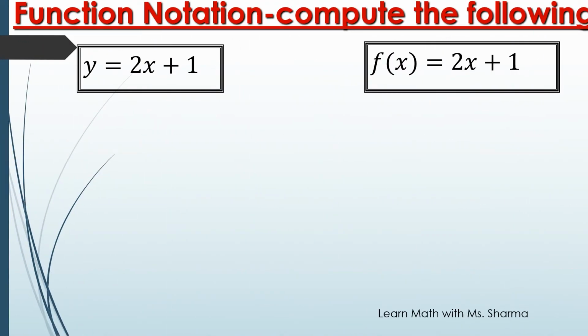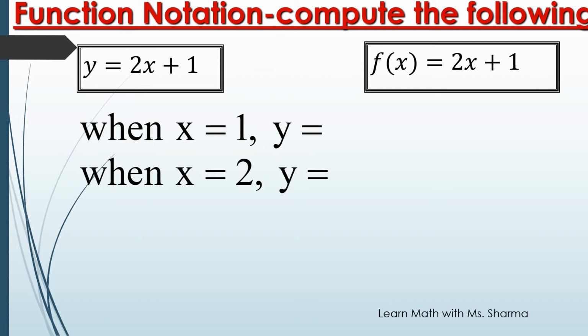Function notation. Compute the following. Given y equals x plus 1 and f of x equals x plus 1. It's the same thing, y equals x plus 1 or f of x equals x plus 1. y equals f of x.